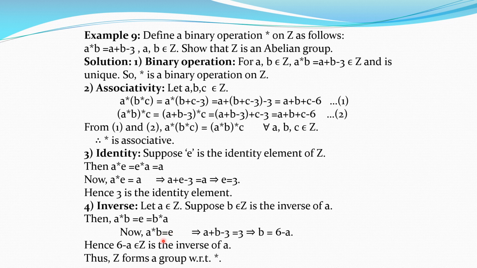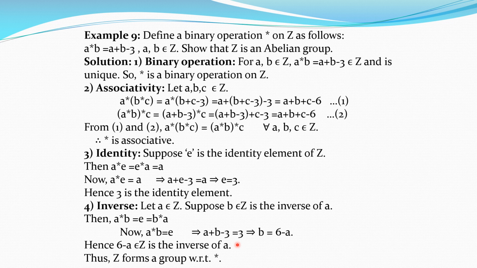Here we have used the definition of star and the value of E is 3. So solving for B, we get B equal to 6 minus A. So if A is any element of Z, then 6 minus A is its inverse. For example, if I consider A is 2, then 6 minus 2, that is 4, is the inverse of 2. So in this way, we can find an inverse for every element.